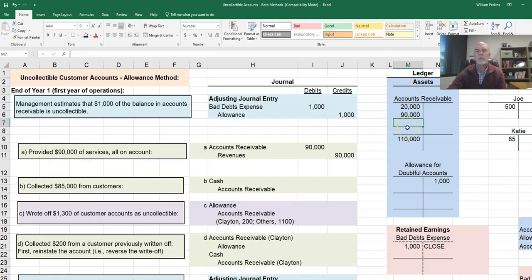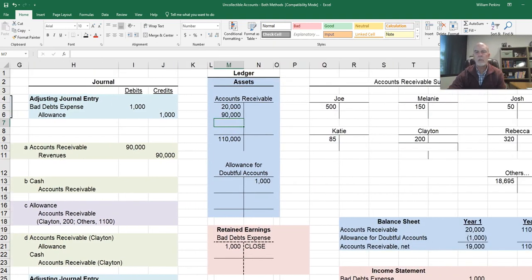So accounts receivable is debited for $90,000. And remember, anytime we put something into accounts receivable, we have to update who that is. And in this case, let's just say all that went to the other category, other customers.